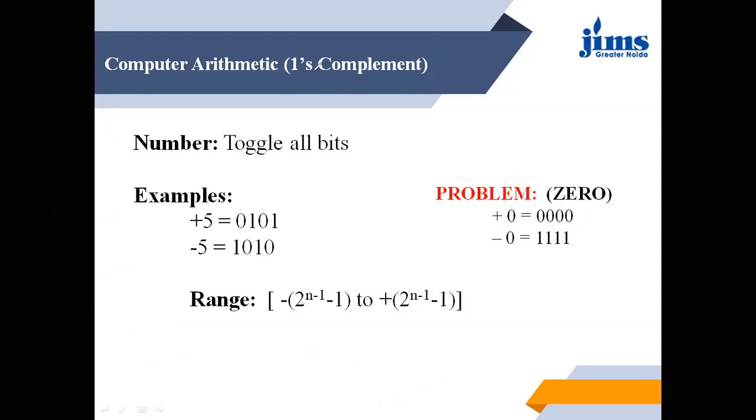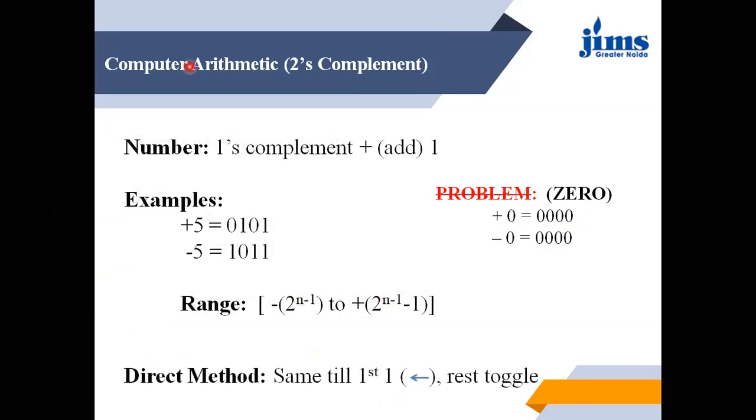So now we will study the 2's complement, and the ambiguity problem is going to be solved in 2's complement. When we have to find the 2's complement of a number, first we write the 1's complement, and after that we add 1 to the 1's complement.